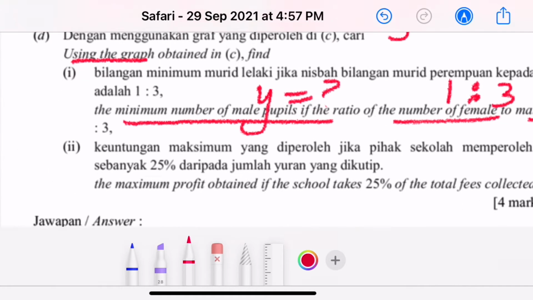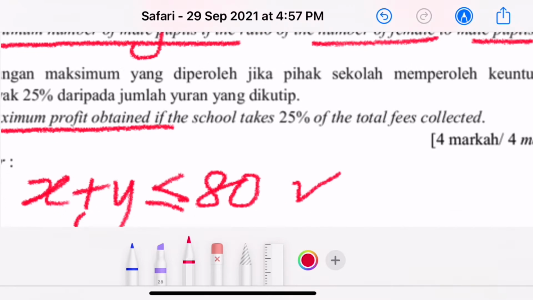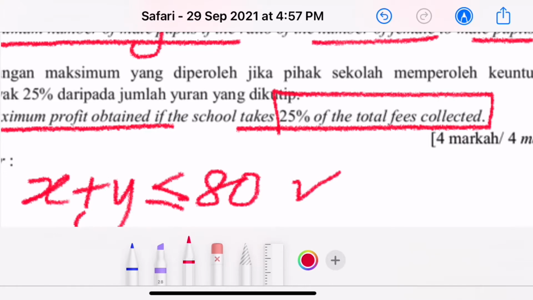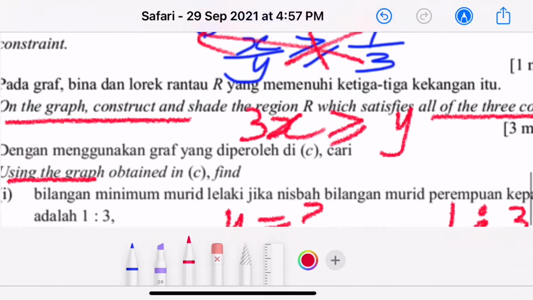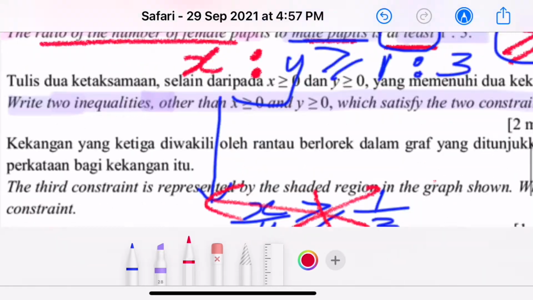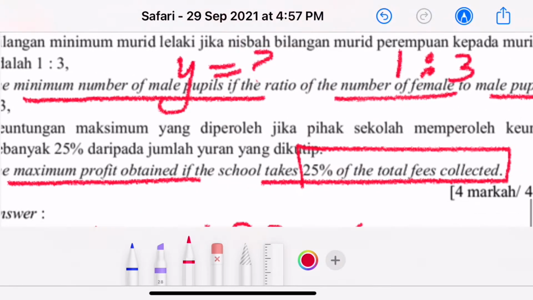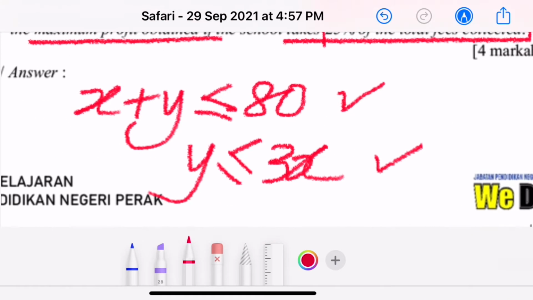Then we have to find the maximum profit obtained if the school takes 25% of the total fee collected. We will discuss the profit using the graph. Now let's go to the graph and solve.